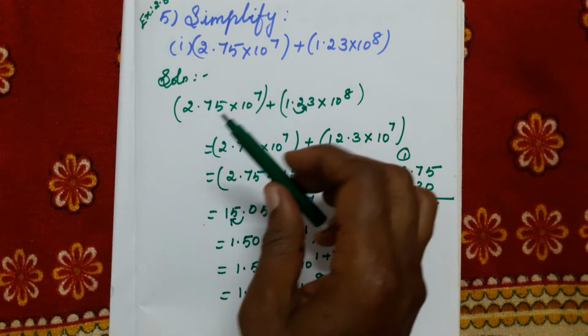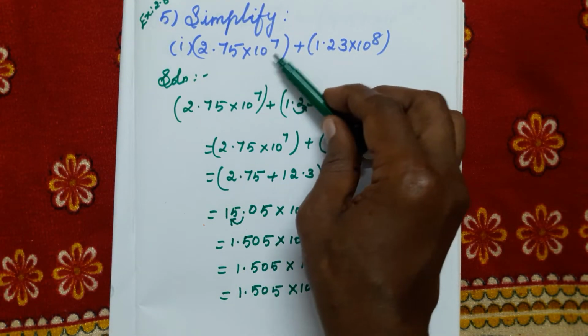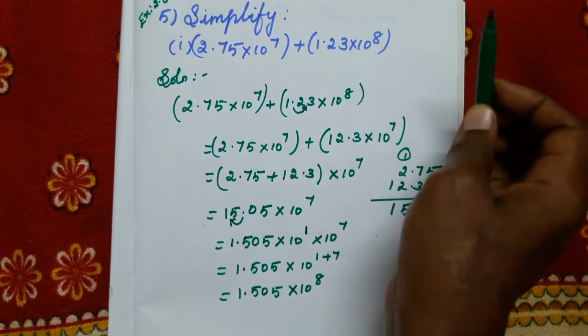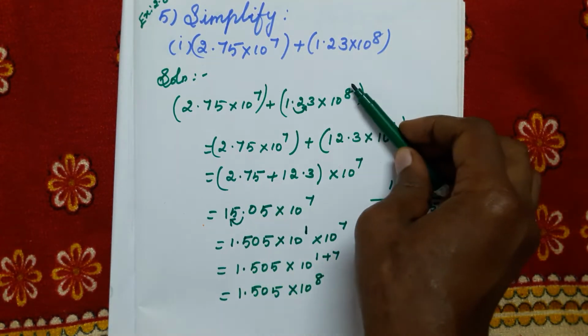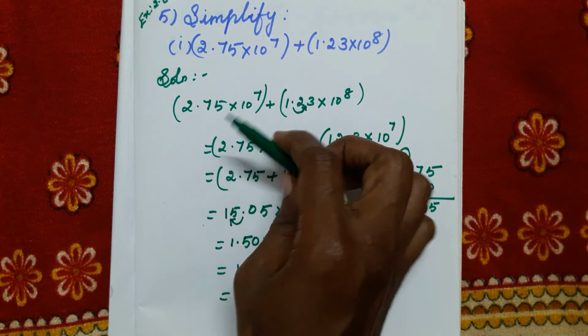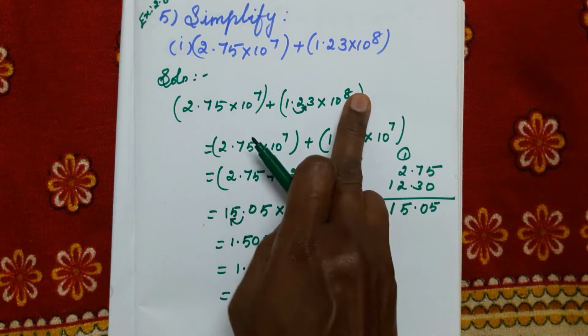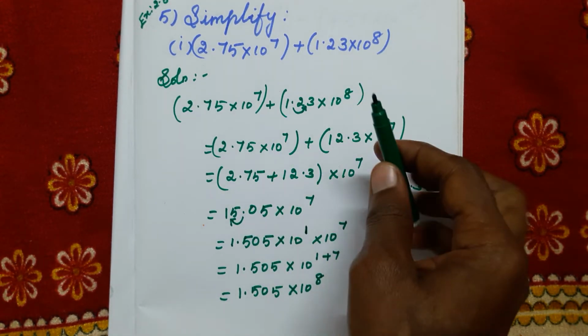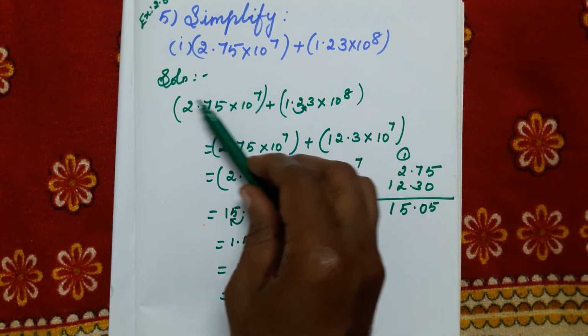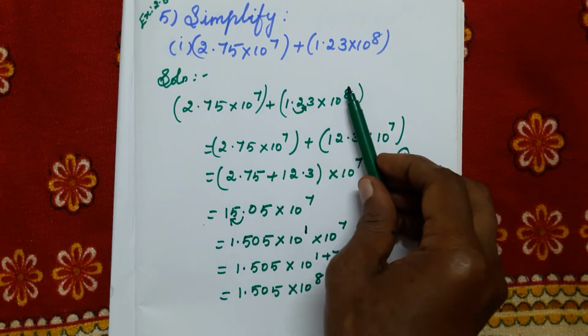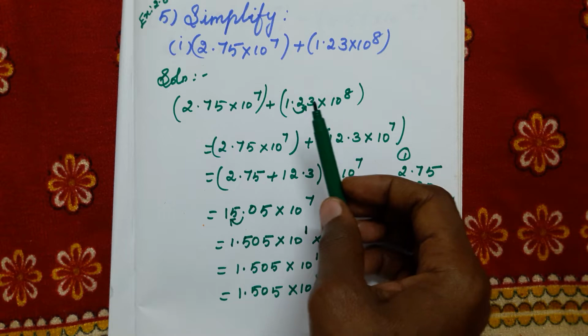First, what we have to do? 2.57 into 10 power 7 plus 1.23 into 10 power 8. Here the powers are not the same, so we want to convert into the same order. Here the powers should be the same. For that, we can convert this number into 10 power 8 or we can convert this number into 10 power 7.